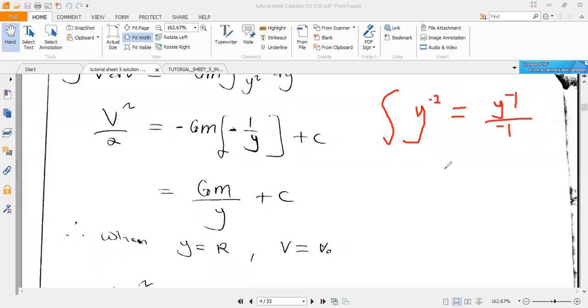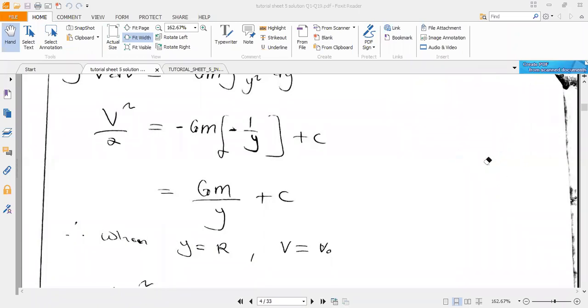So y to the power -1 is the same as 1 over y. But then it's dividing by -1, so that's where the negative comes in. Clear? Okay, thank you, sir.